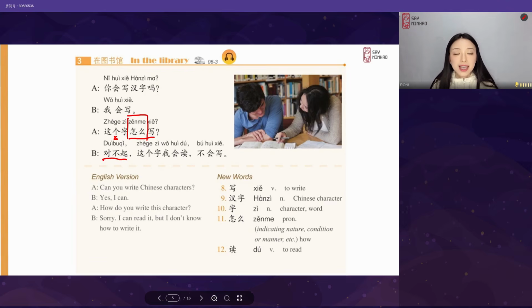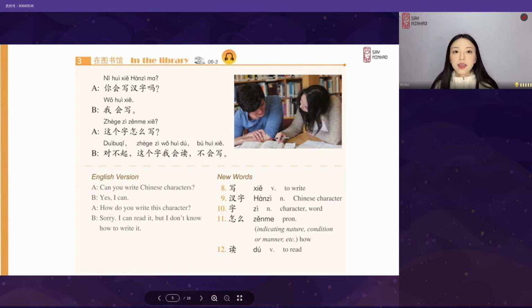It means sorry. And 不 is a neutral tone too. Let's see 这个字我会读不会写, this character I can read, but I can't write. 不会 is the negative form of 会. It means sorry, I can read this word but I cannot write it.